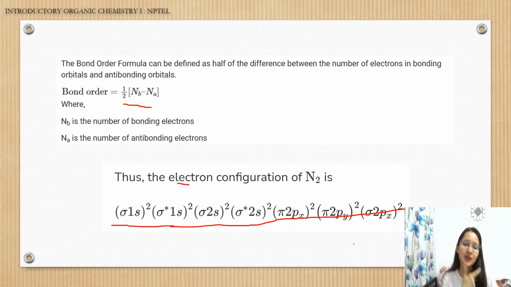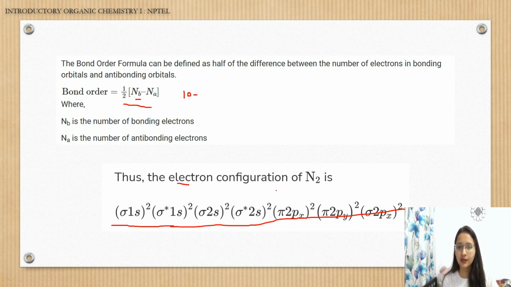How many electrons are present in the bonding orbitals of nitrogen? Can anyone answer? I'm not asking about the total number of electrons, I'm asking about the bonding orbitals only. So the bonding electrons are 10.